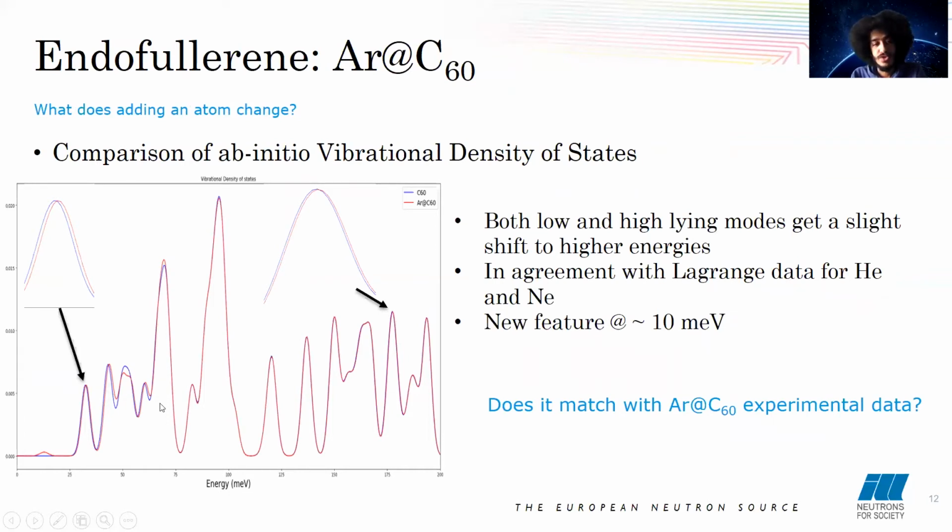And also there is the appearance of this new peak in the range of around 10 milli-electron volts, which is also coherent with the results available for helium and neon. And so now I want to compare it with the available experimental data for argon in C60, which is Raman data.